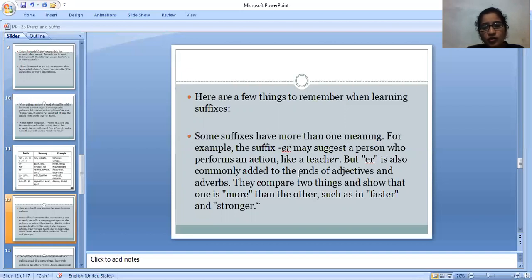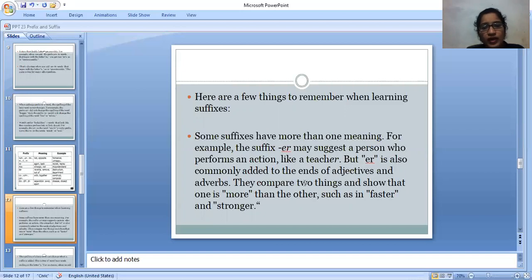And the word teacher is indicating a person who performs teaching, right? So whenever you add the suffix er, in most cases, it suggests a person who performs an action. When you add er, it indicates a person who performs an action.